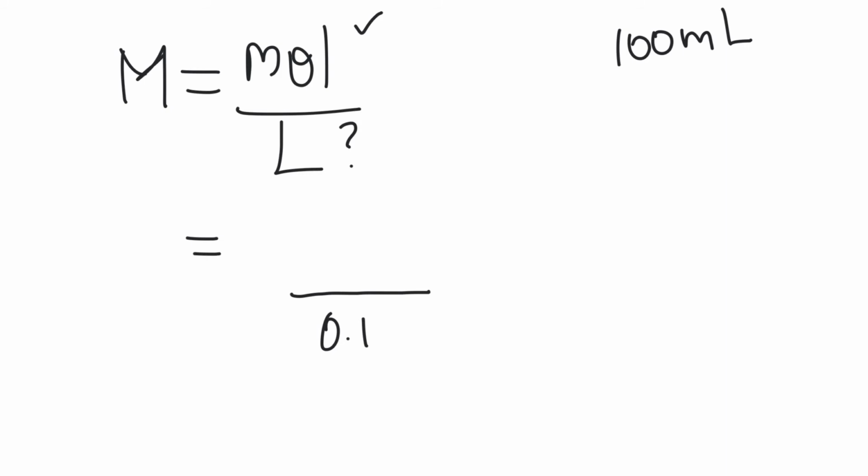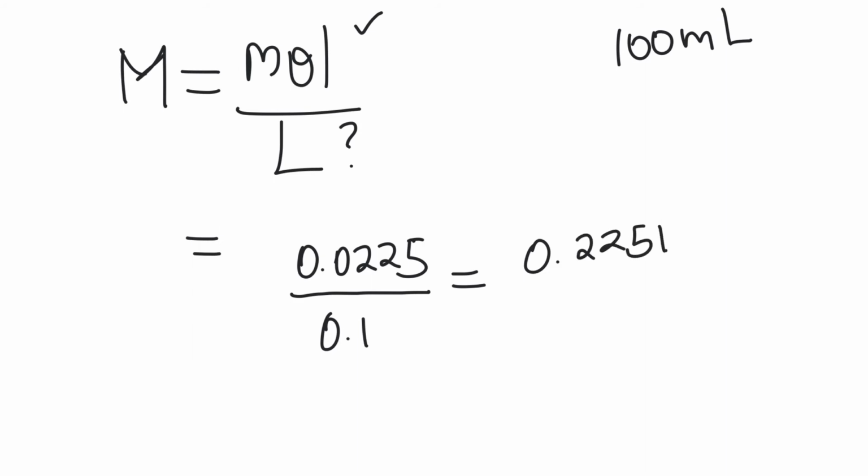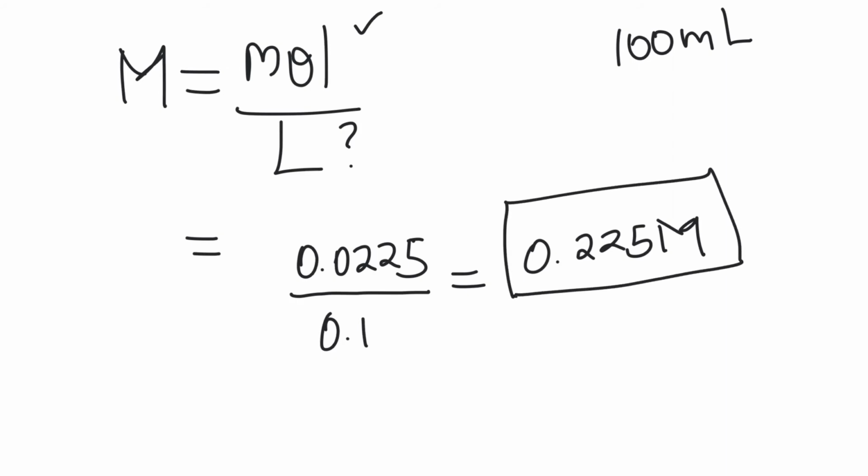Now that you have 0.1 liters and you know how many moles you had, all you gotta do is plug in the numbers and get your answer, which is 0.225 molar. Alright, so this was a long one, but let's see if our answer makes sense.